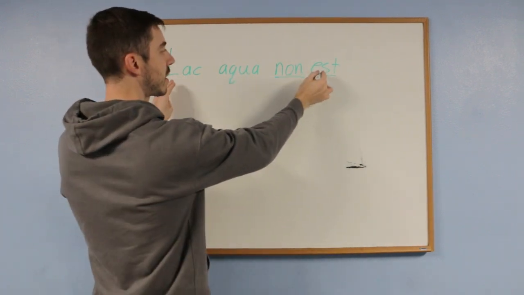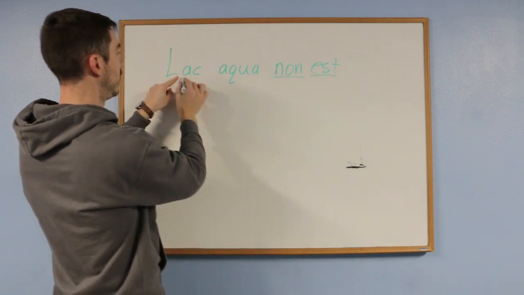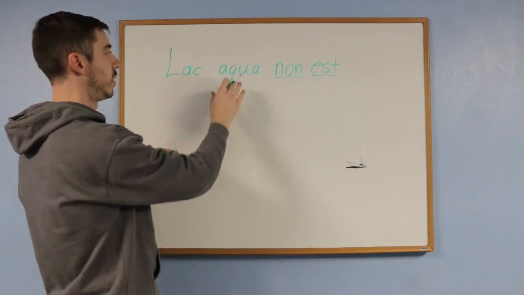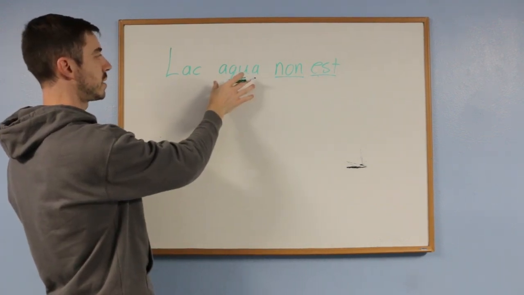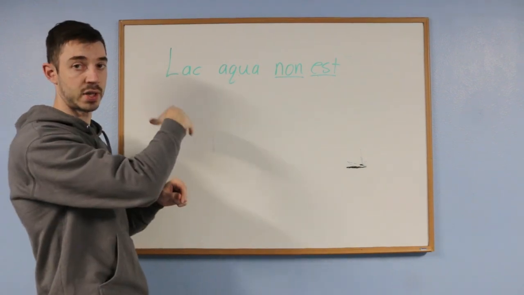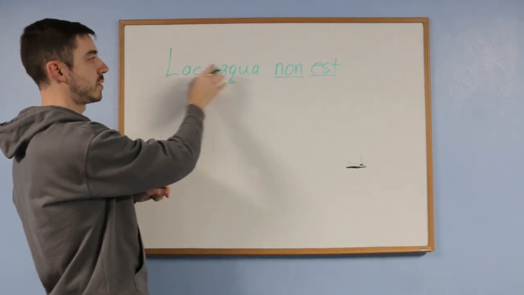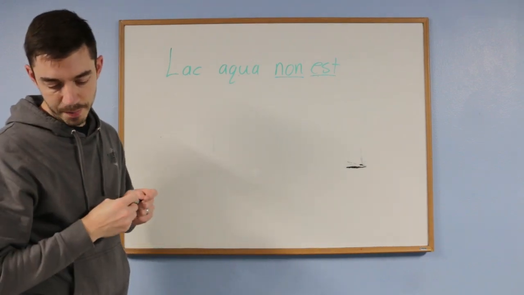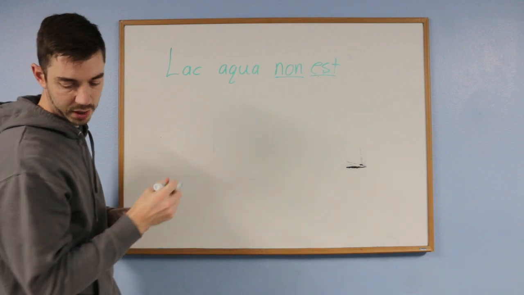So you see how we connected that with a being linking verb, and it's the milk is not water. So the predicate is describing the subject. Here it's describing what the subject is not, but it's connected to the subject with a being or linking verb.